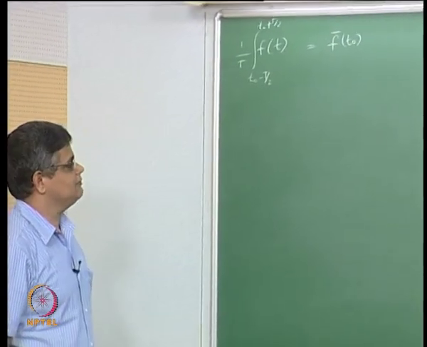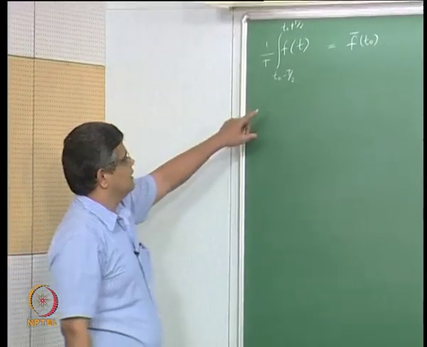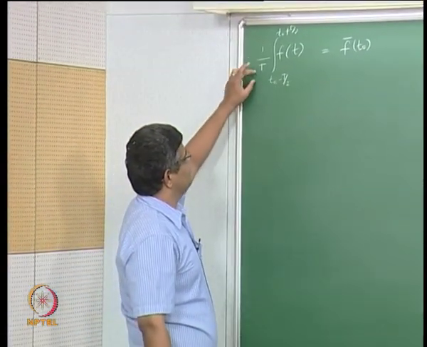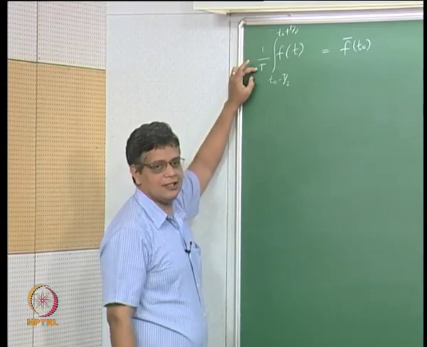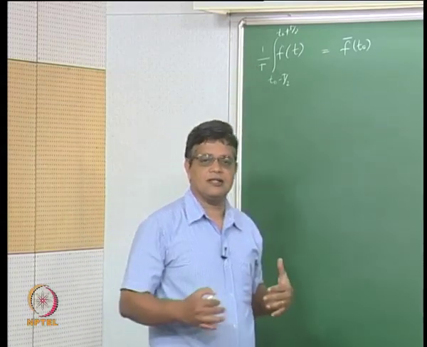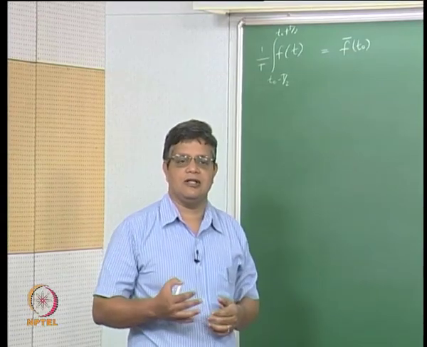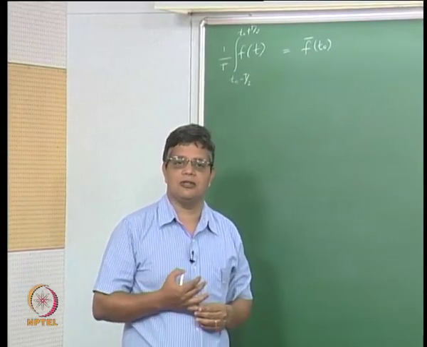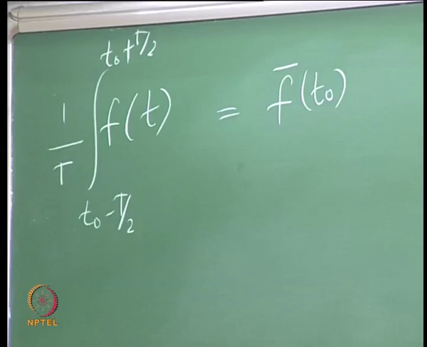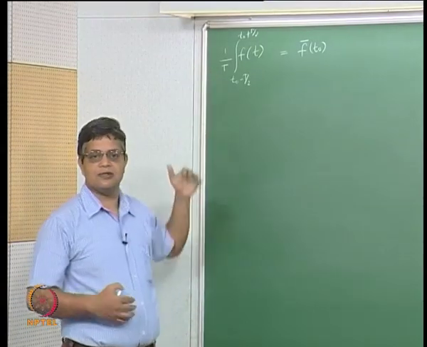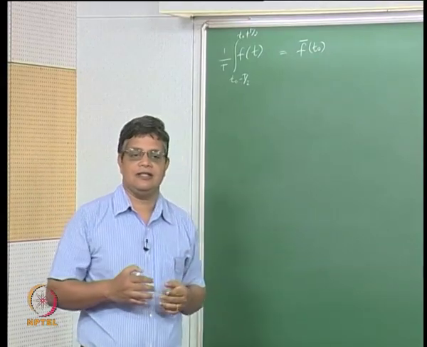And the idea is that capital T, the time period that we have taken here for averaging, is very large compared to the typical time period of turbulent fluctuations, and at the same time it is very small compared to the typical time scale of the system transient that we are looking at. The nature of turbulent flow fluctuation is such that it is possible to come up with a time period which satisfies both conditions.